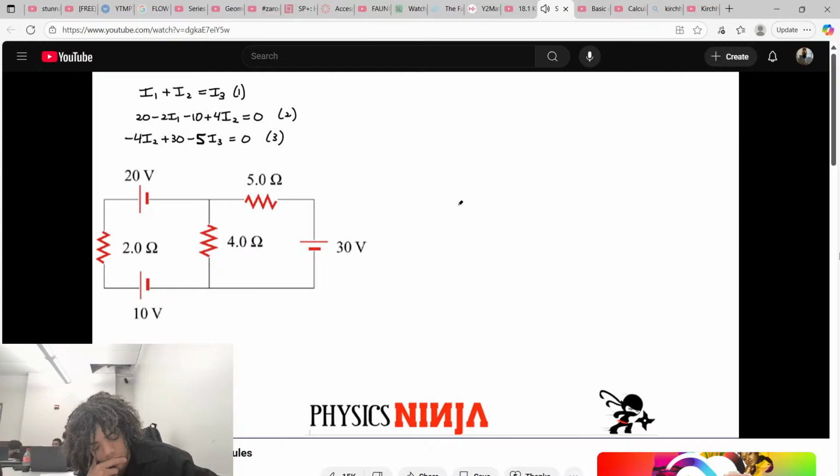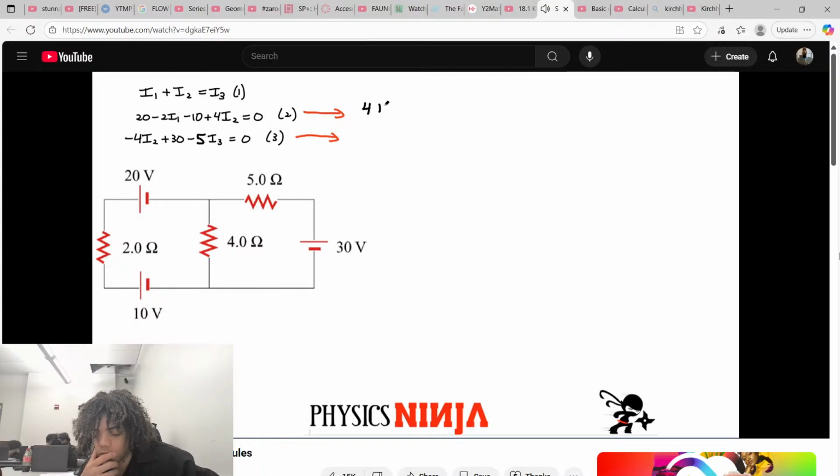Okay, in order to solve for this, I've rewritten my 3 equations, so my junction rule and my 2 Kirchhoff's loop rules. Let me work with equations 2 and 3 and simplify those a little bit. Basically, I'm going to try to eliminate I2 and I3 from the top equation. I can do that by eliminating I2 from equation 2, simply by isolating the current I2 here. So how would that look?